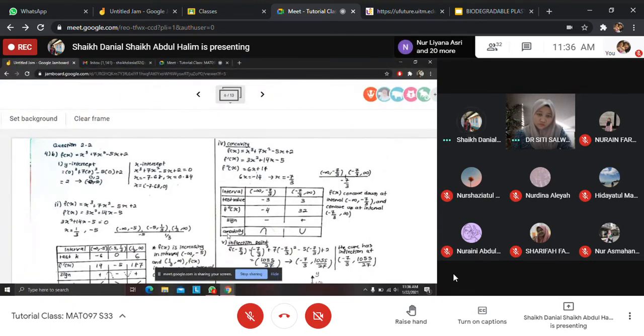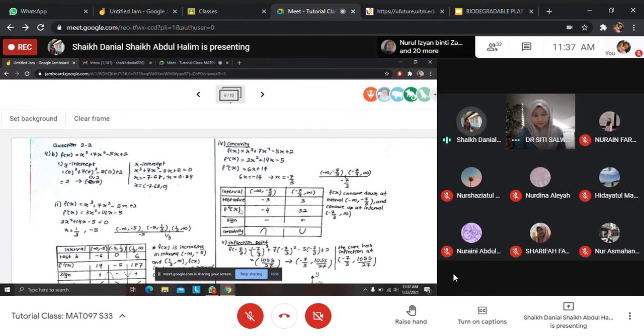So untuk concavity ni kita cari double prime f, dapatlah 6x campur dengan 14. So for interval dia, we chose from negative infinity to negative 7 over 3 and negative 7 over 3 to infinity. And then the test value I chose negative 3 dengan 3.